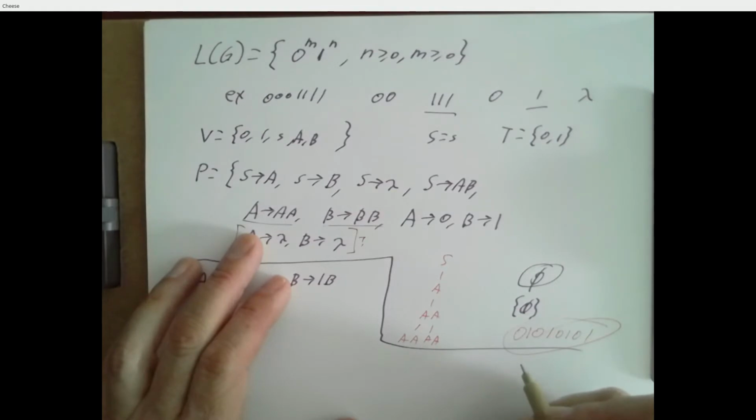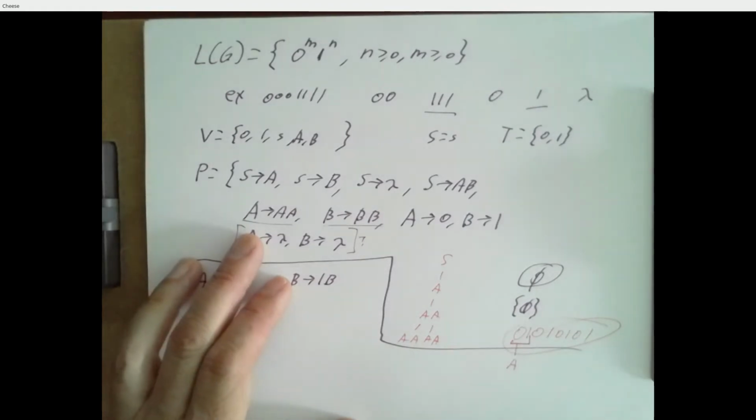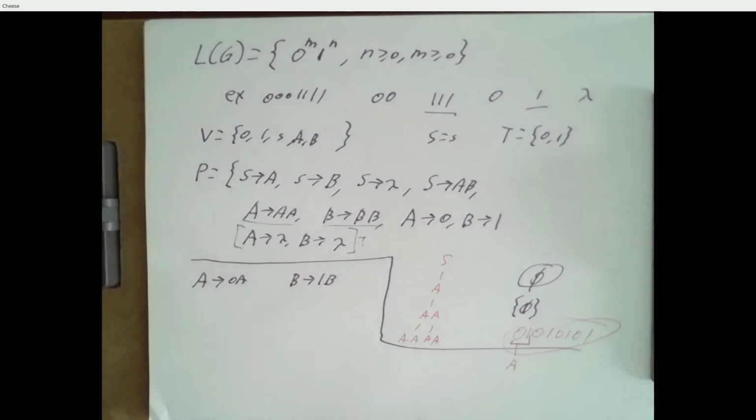We could say, okay, so is this an A? And we could say, is this an A? This 0 followed by a 1. Well, if it's an A, it would be an A followed by another A. I don't think I have the vocabulary right now to describe this.